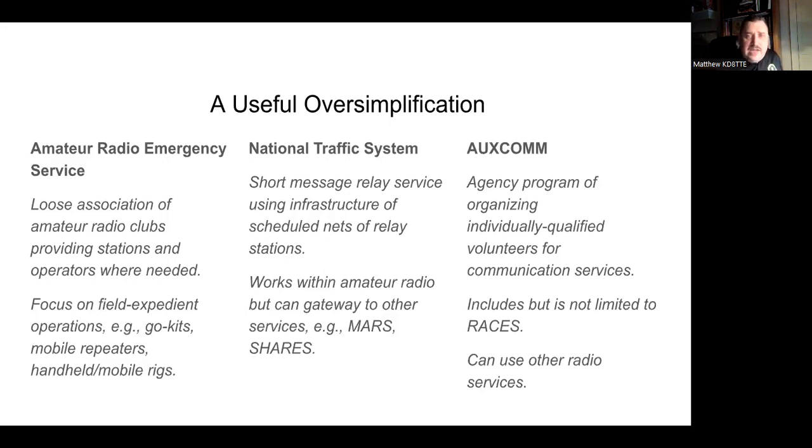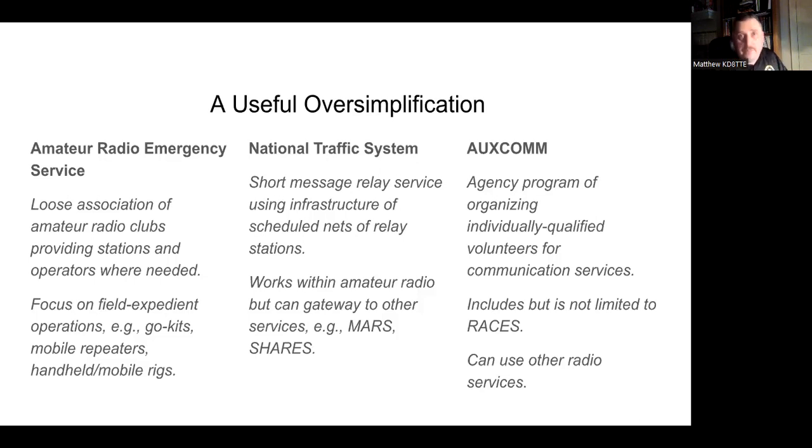AUXCOMM is an agency program. So that's where we're talking about an agency needing to qualify and manage volunteers. Each of those volunteers has a relationship directly with the agency, and the way that they're going to organize that is typically going to be structured the way that we're talking about AUXCOMM. So where you've got RACES operations, for example, that's typically going to be AUXCOMM, but it can also use other radio services.